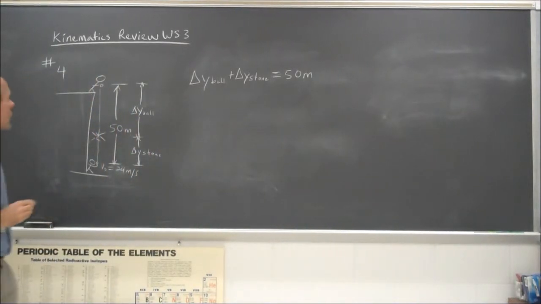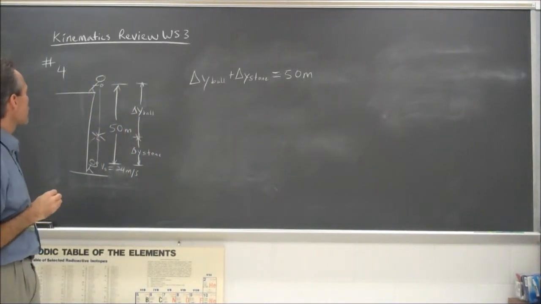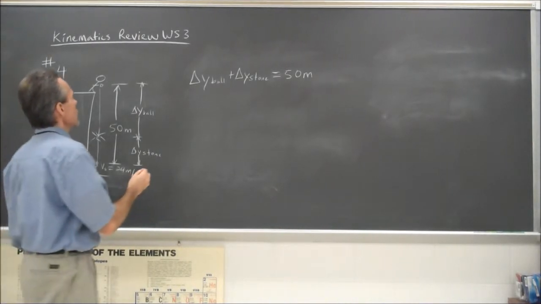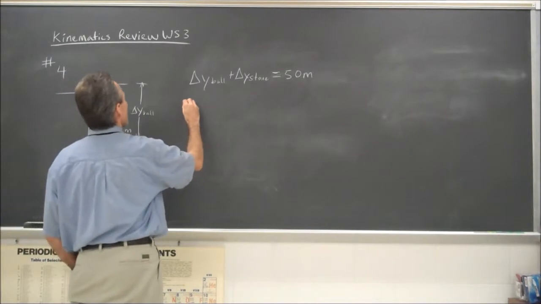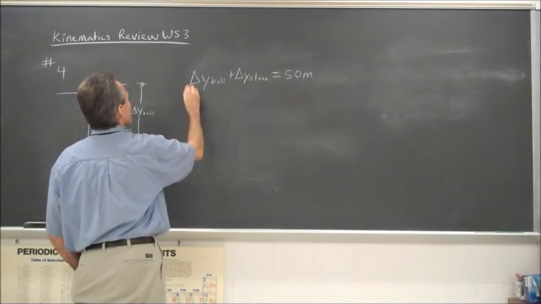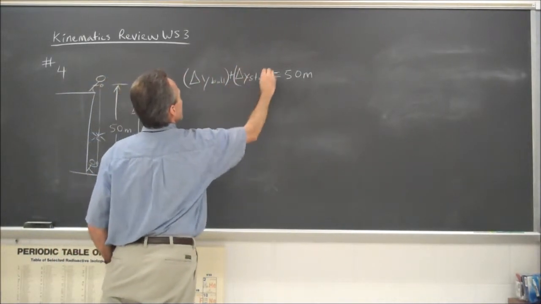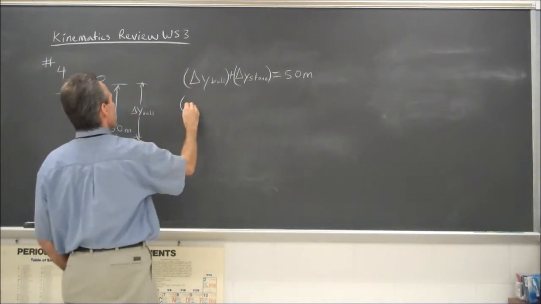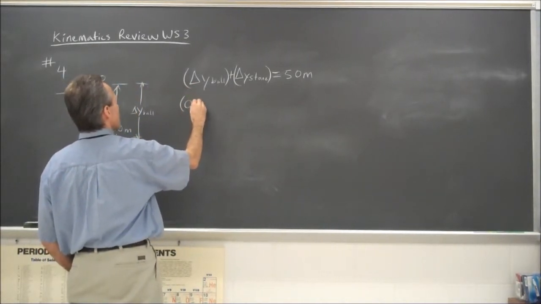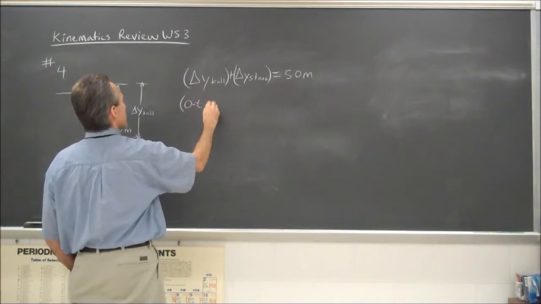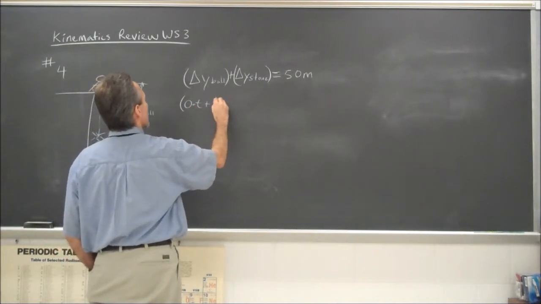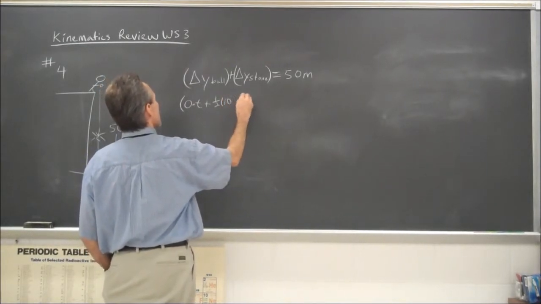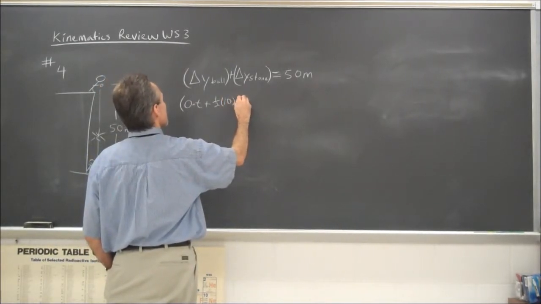So let's see, there's going to be constant acceleration motion for both of these. So the ball is being dropped, so, put parentheses around this. This first term is going to correspond to the ball here. It's going to be v initial t, so 0 times t plus 1/2 of 10 times t squared.